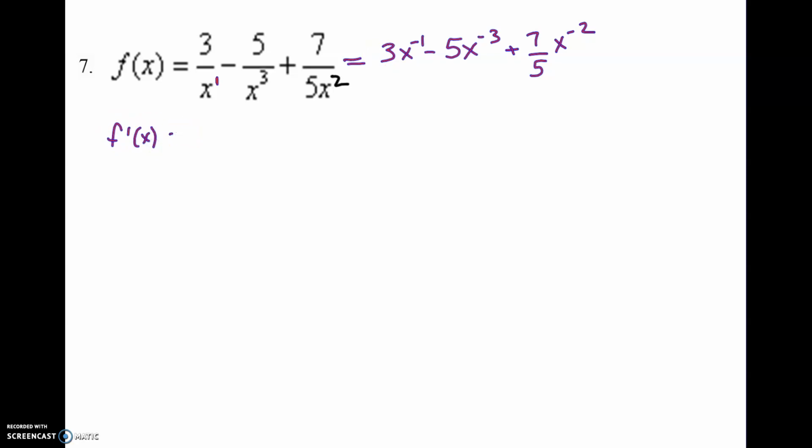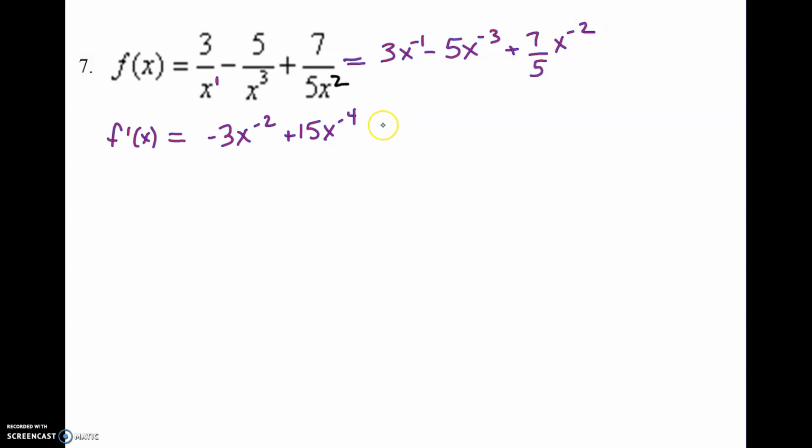F prime of x will be equal to 3 times negative 1, negative 3x, to the power of negative 1, subtract 1, negative 2, negative 5 times negative 3, 15, times x to the power of negative 3, subtract 1, and then 7/5 times negative 2.